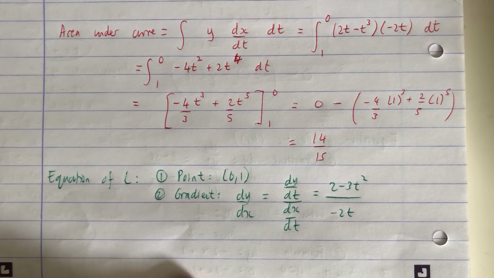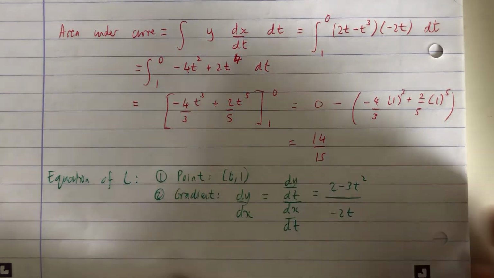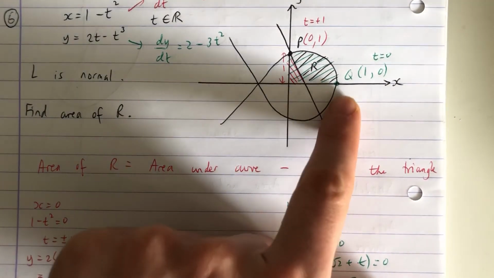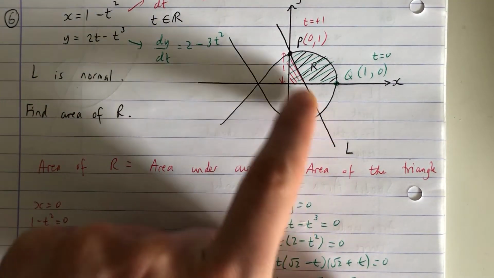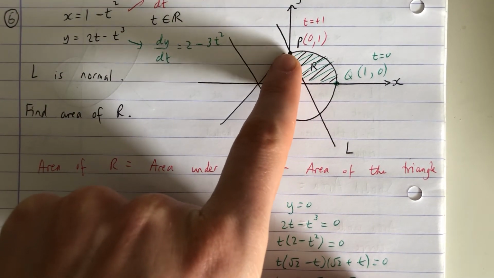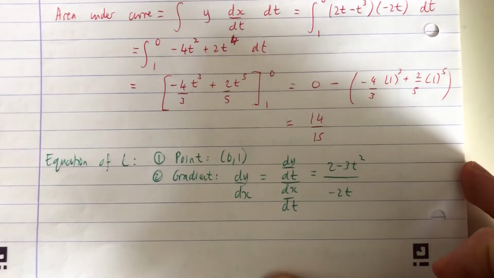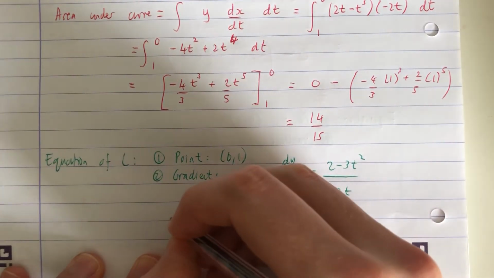Okay, now that gives you the gradient of the tangent at any parameter t. What parameter did we want for this point? Remember, Q has nothing to do with a straight line. P has everything to do with a straight line, and that was parameter t is equal to +1. So we substitute +1 into this.